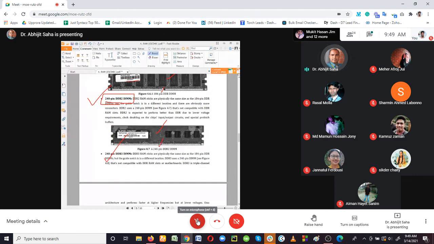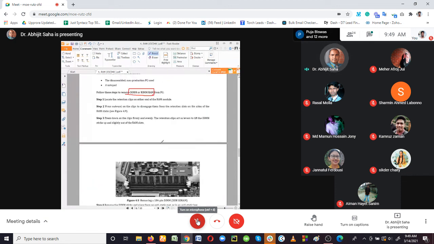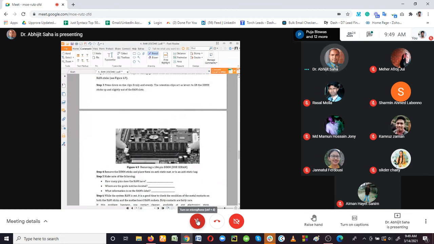The notch on the memory stick and the notch in the memory slot should be matched when you are installing them. You can see that each motherboard can have several memory slots.